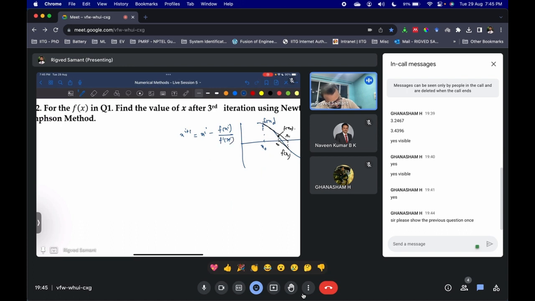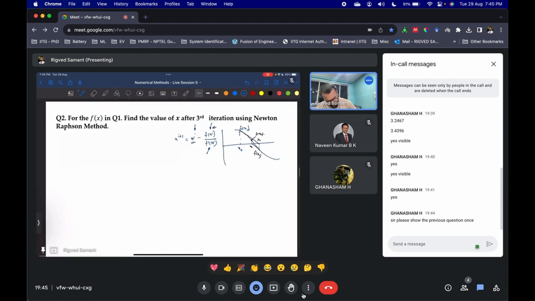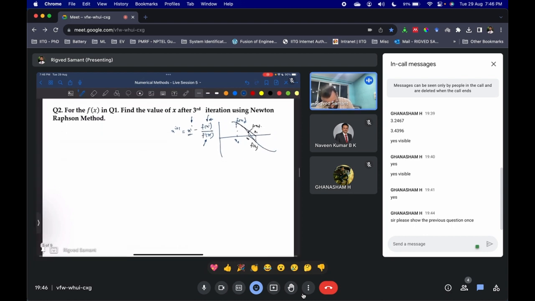So what you require is the current x value, its function value, and its value for a first derivative, right? This one you can calculate, and for this one you have to take the first derivative.